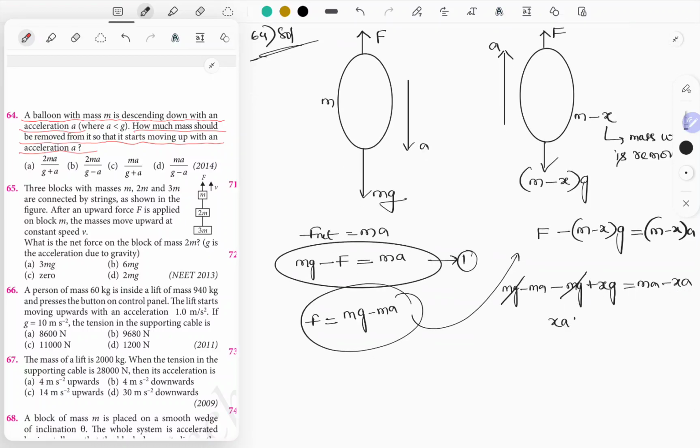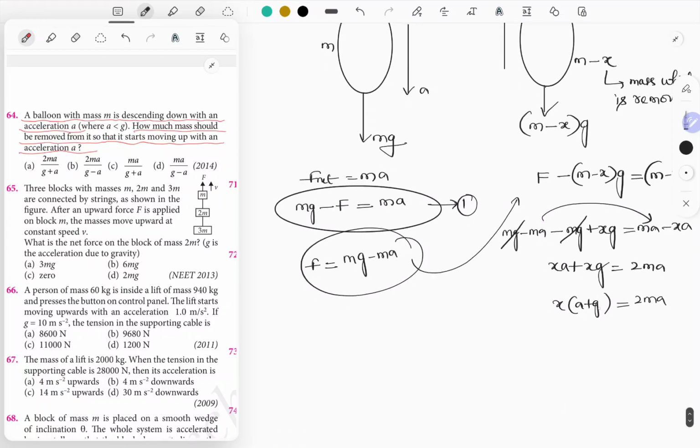It is going to be xa plus xg, which is equal to, sending this minus ma to the right side, it will become 2 times ma. Then x common, a plus g is equal to 2ma. Then x is equal to 2ma divided by a plus g. This is the mass that I have to remove so that the balloon will move upward with an acceleration a.